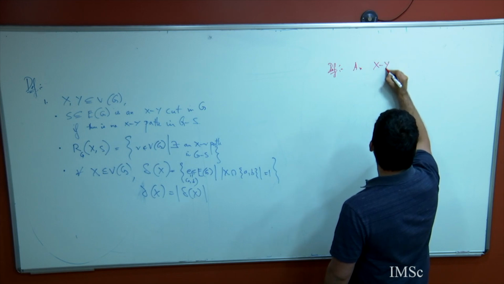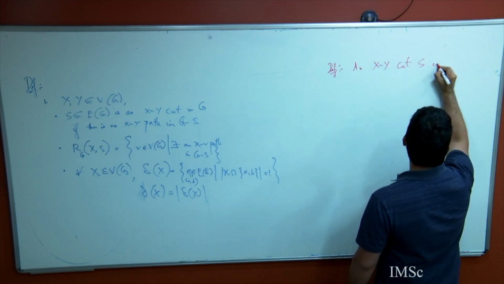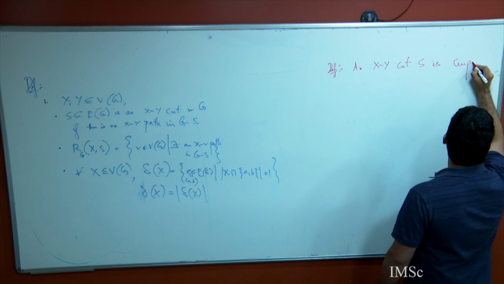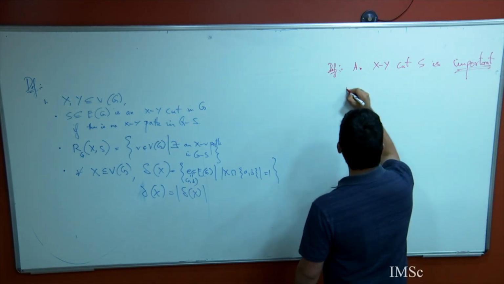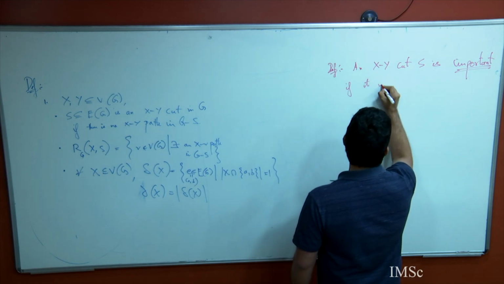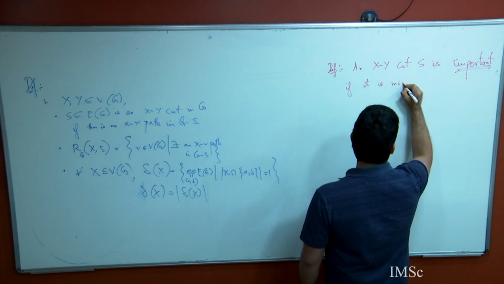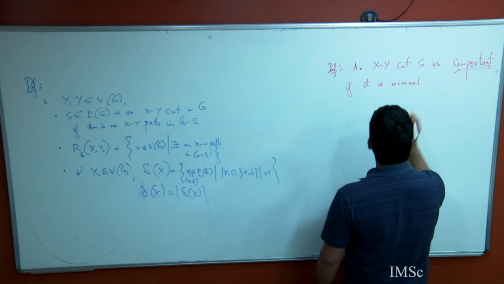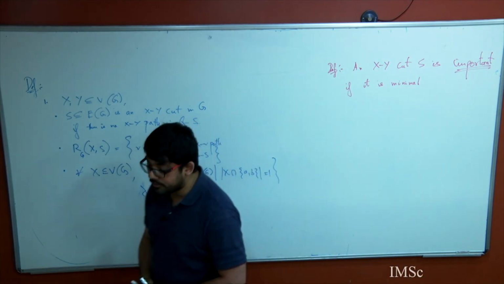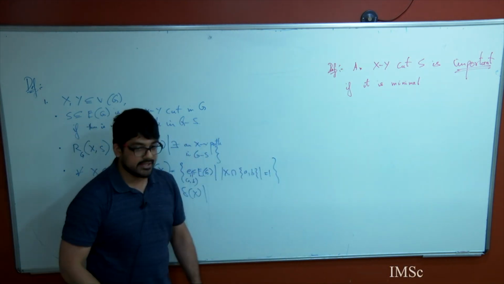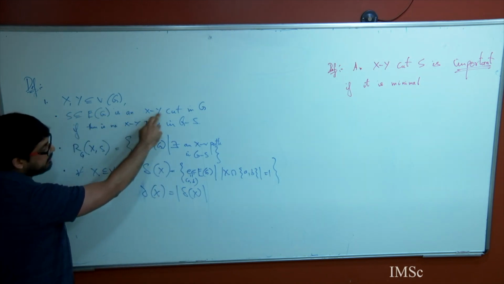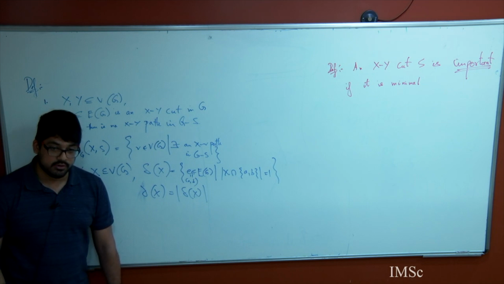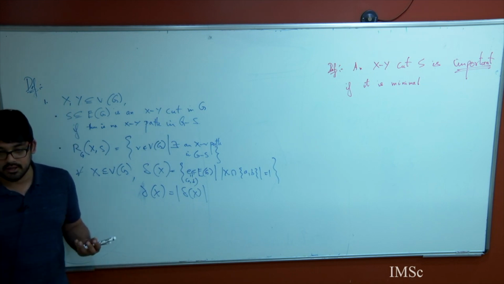An xy cut S is important if it is minimal. Well, I have not defined what minimal means, but minimal in this case means inclusion-wise minimal, right? So S is a minimal xy cut if no strict subset of S is also an xy cut. Yeah?